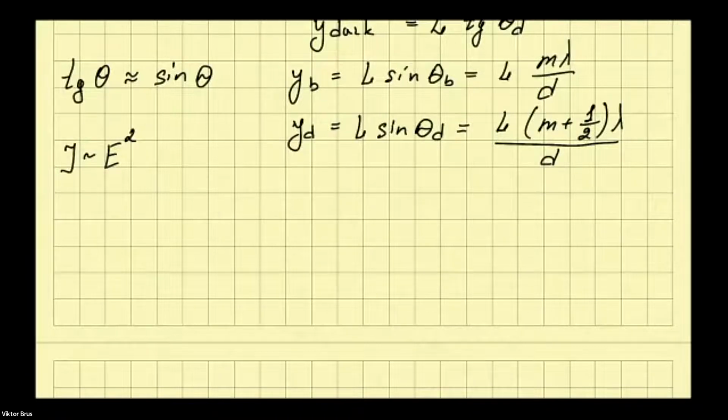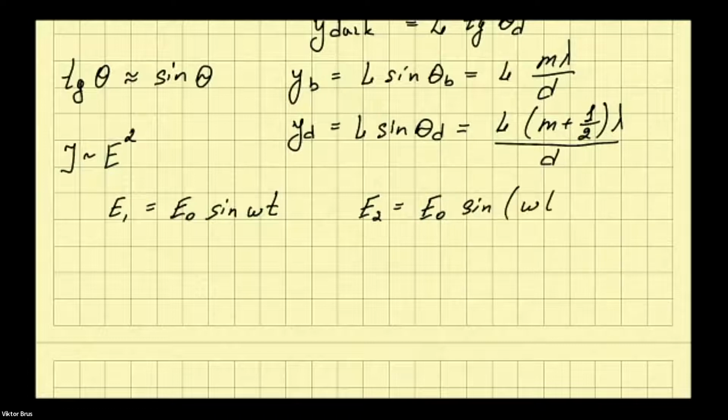So we can write the electric field for wave 1 as E1 equal to E naught, some maximum value, times sinus omega t. At the same time, we have another wave, E2, which has the same amplitude, sinus omega t, but it possesses some phase shift with respect to the first one.